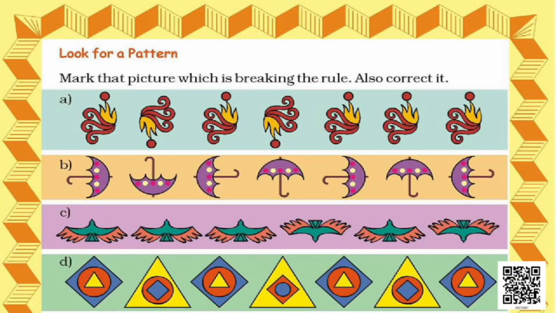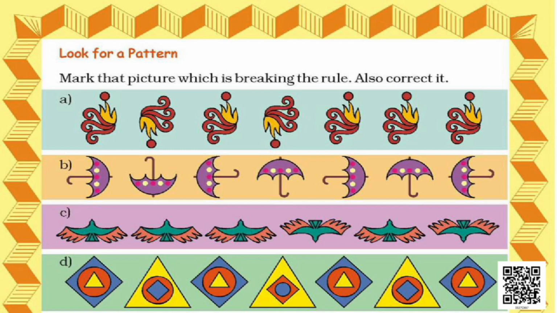Okay? Students, in the next page we have another task to do. Look for a pattern. In bit number A, you can clearly see that there are 7 pictures and you can observe from the first 4 pictures that it is following a pattern. Can you find it? Yes, it is following the pattern of clockwise rotation of 180 degree, isn't it?